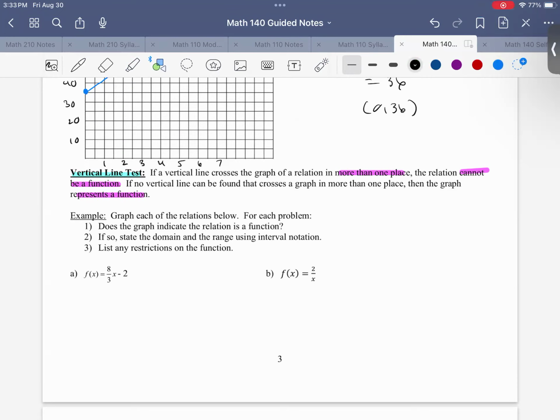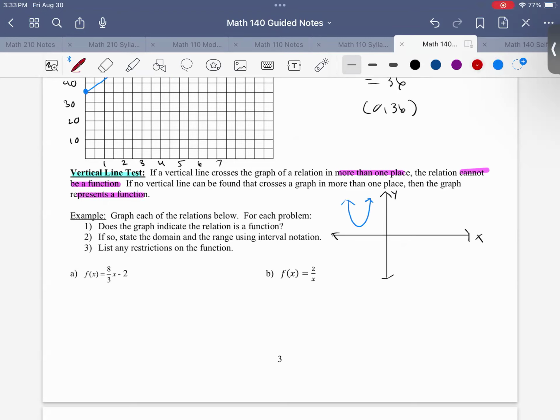Say I have some type of graph, here's your Y, here's your X, and so on and so forth. Say I had something that looked like this, just your regular parabola.